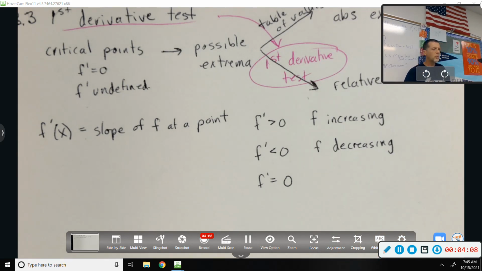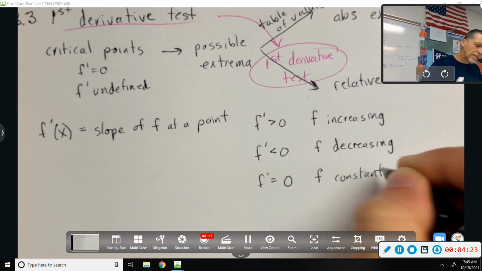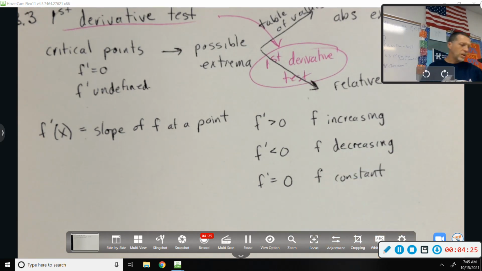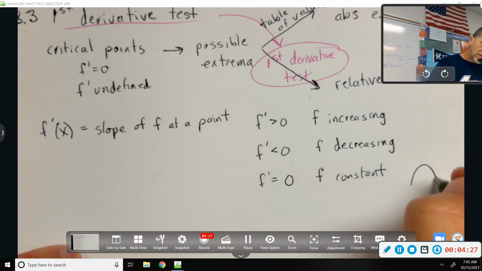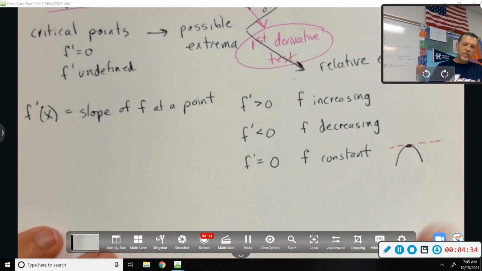And if f prime is 0, what's that look like? Yeah, some horizontal tangent line, but that would mean f is constant. Now, be careful. It doesn't mean it's constant forever. It means it's constant at that moment. Just for the moment there, f isn't changing.